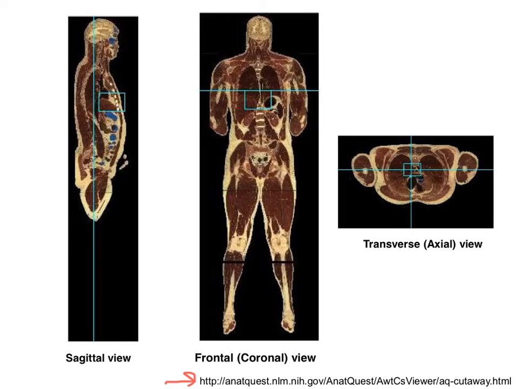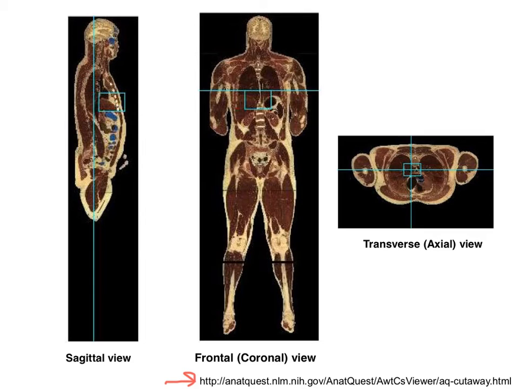We are looking at a sagittal view, so this is looking at the head and torso. The legs dropped off because this is a mid-sagittal view, so the leg actually isn't present. You can see the lungs there, you can see the brain there, you can see the rib cage, spine.